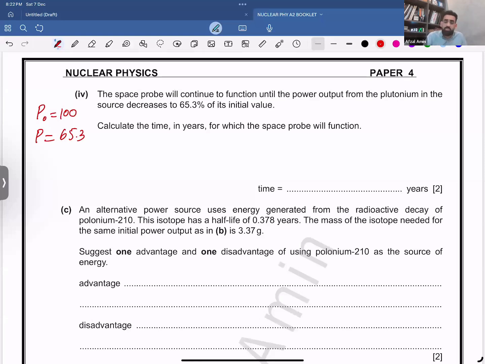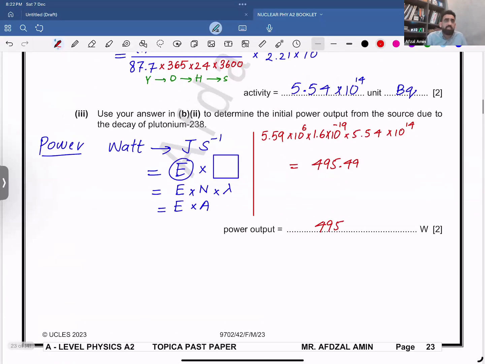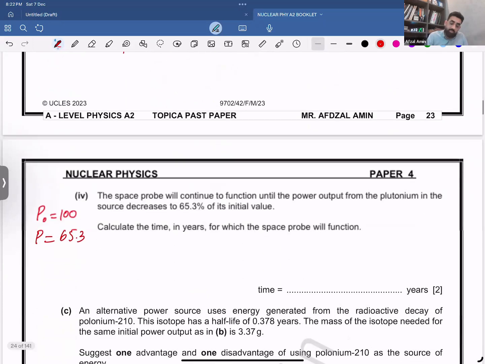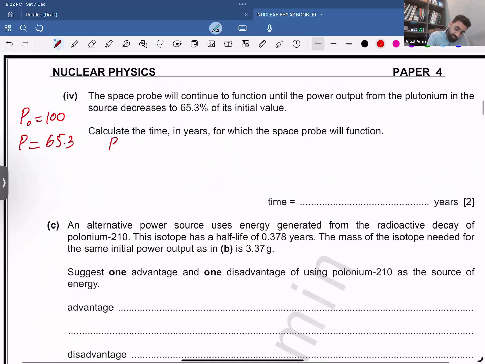Now, we already wrote that the power is proportional to activity, so you can use the same relationship as for activity. P will be P naught e to the power negative lambda t. Substitute the values, but this time they need it in years, so I suggest you keep lambda in years.